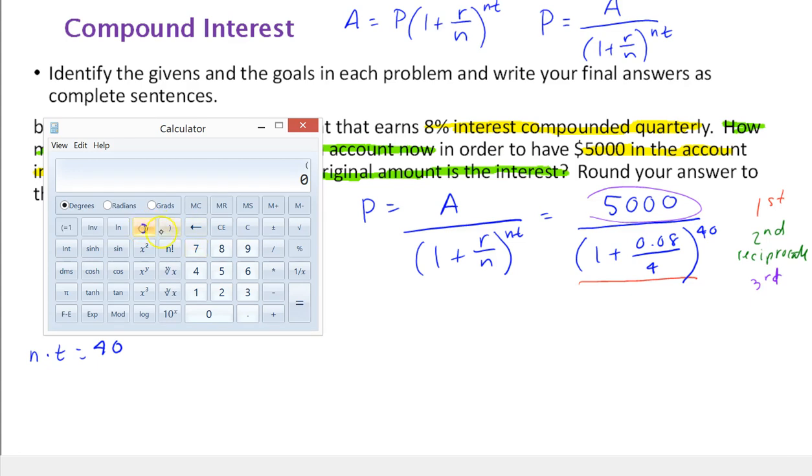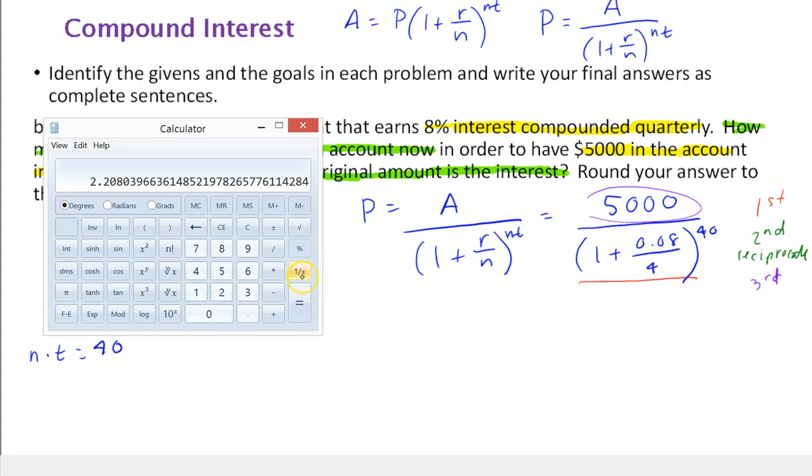Okay, so let's do this. So we have in parentheses 1 plus 0.08 divided by 4, which gives us this. And now we want to raise that, so I'm going to use the x to the y button to the 40th power. And this is what we get. Okay, so now here's the reciprocating part.